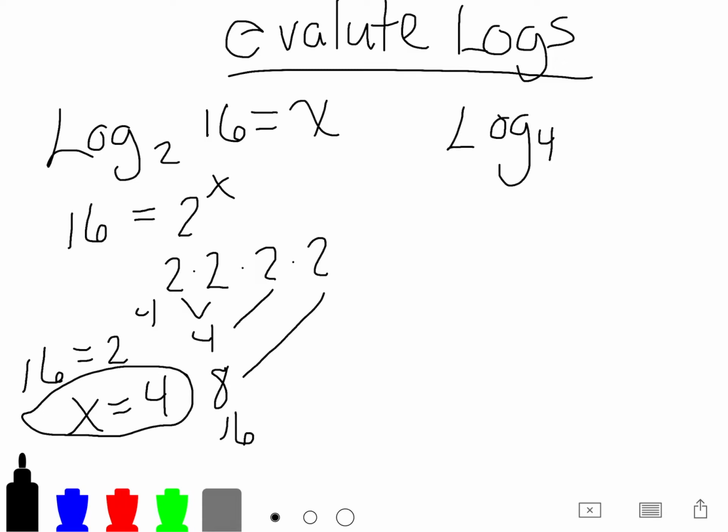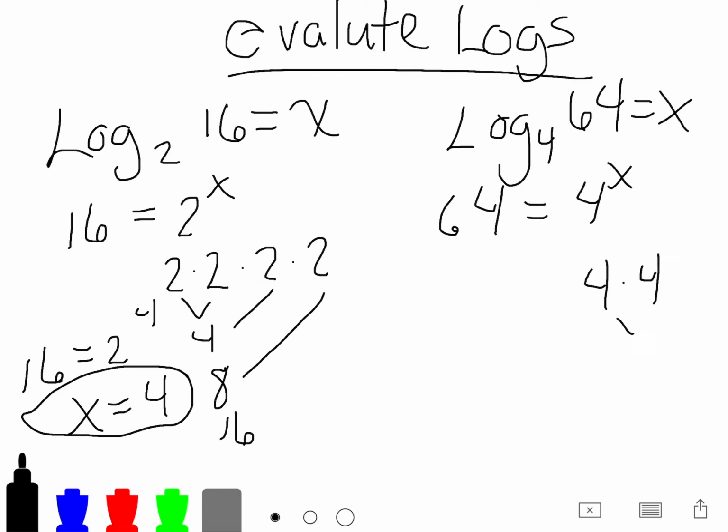Log base 4 of 64 is equal to x. Right? So then I have 64 is equal to 4 to the power of x. And now I have to find 4 times 4 is 16 times 4 is 64.